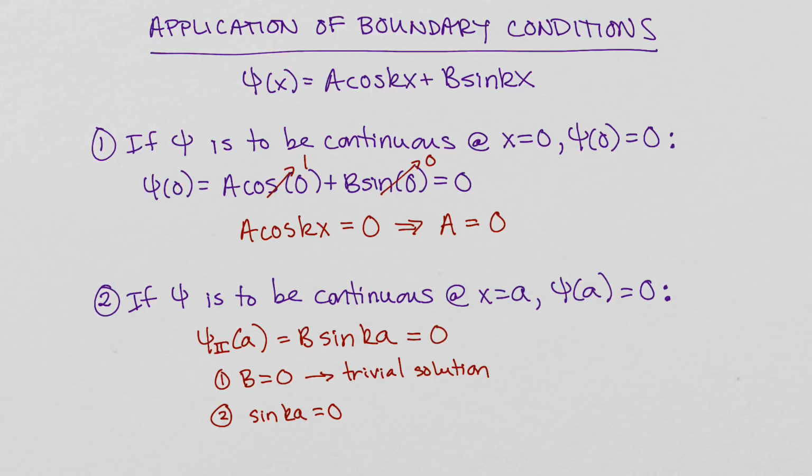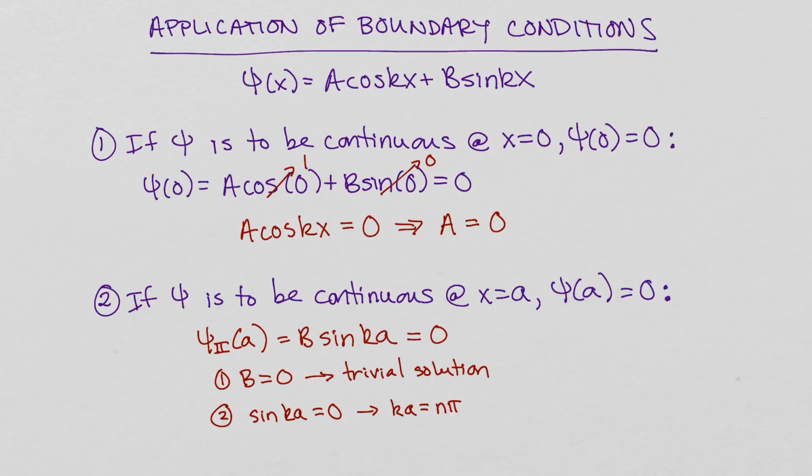All right, and it turns out that that is true if ka is equal to integer values of pi. So we'll say that ka is equal to n pi. You can remind yourselves of where your sine function equals 0.